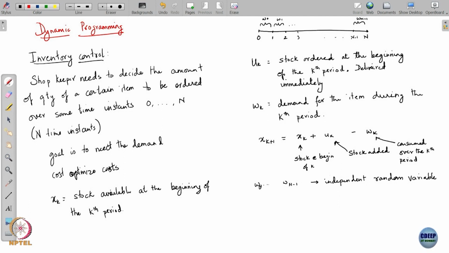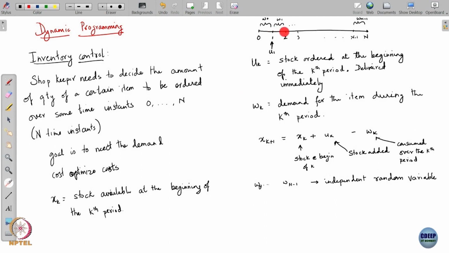So, because this is going to be realized during this period, when we are making the decision of ordering a quantity u1 at time 1, or a quantity u0 at time 0 or whatever, we are not aware at that time of the value of W that will be realized over this particular period.